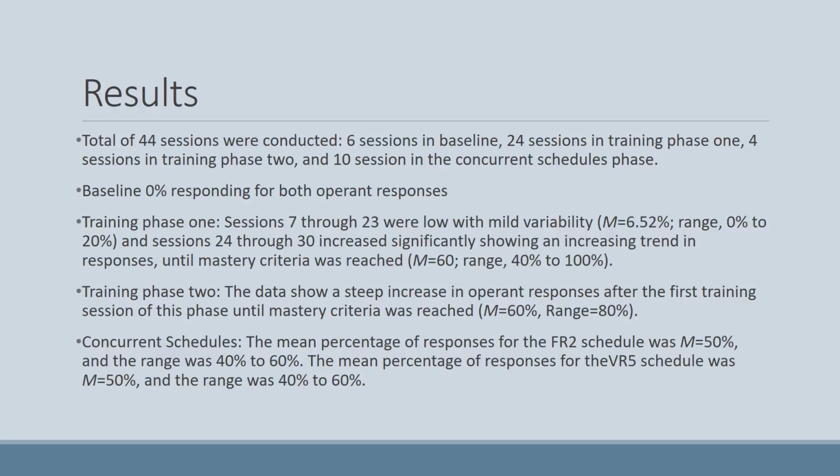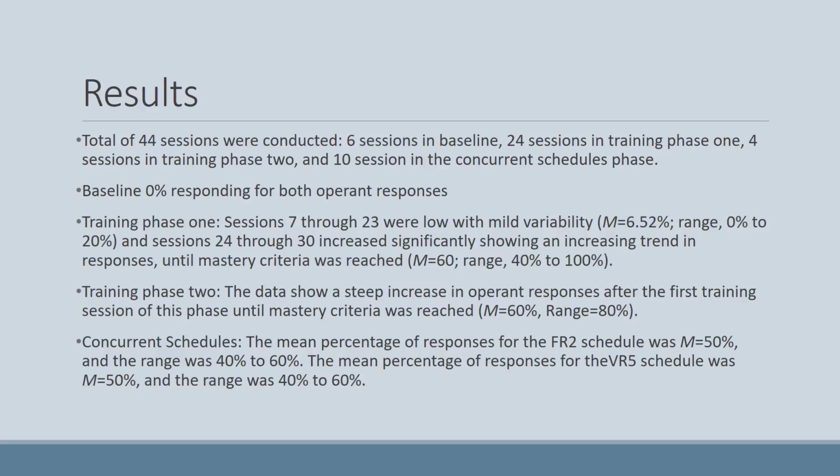Following that was training phase 2. The data show a steep increase in operant responses after the first training session of this phase until mastery criteria was reached. The 4 trials in this phase resulted in a mean percent of responding at 60%. The range was 80%.